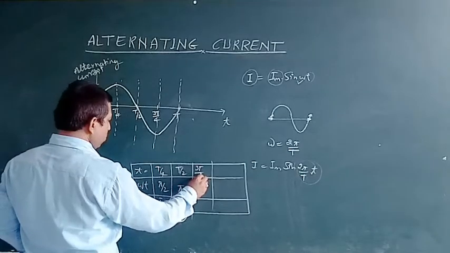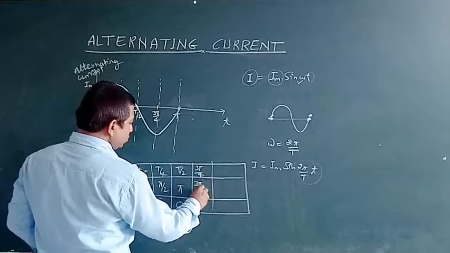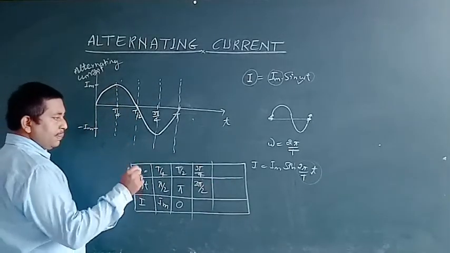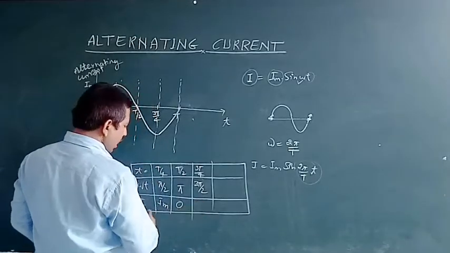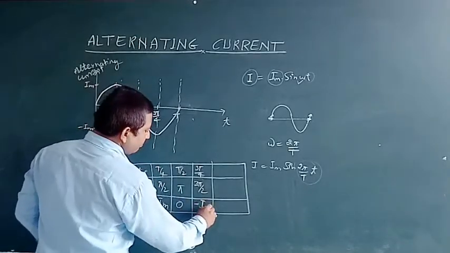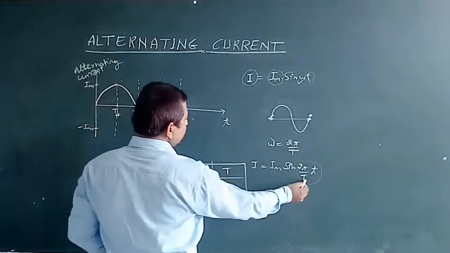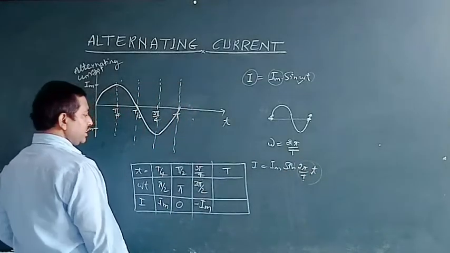Again, if we put t equal to 3T by 4, then we get omega t as 3 pi by 2, and the sine of 3 pi by 2 is minus 1, so I becomes minus Im. And if you put t equal to T, then the T and T will cancel, giving sine 2 pi. Sine 2 pi means sine 360.